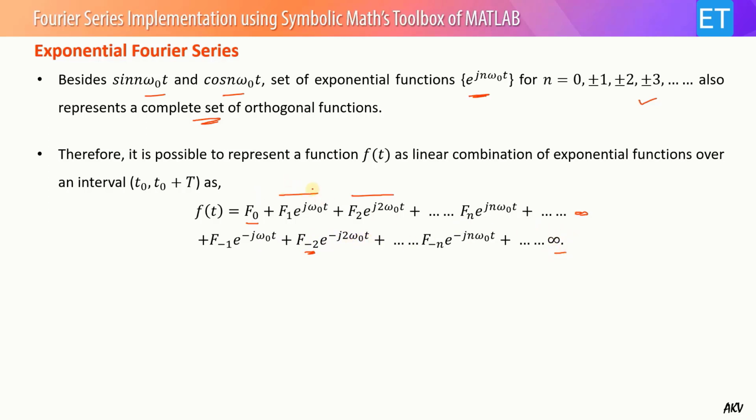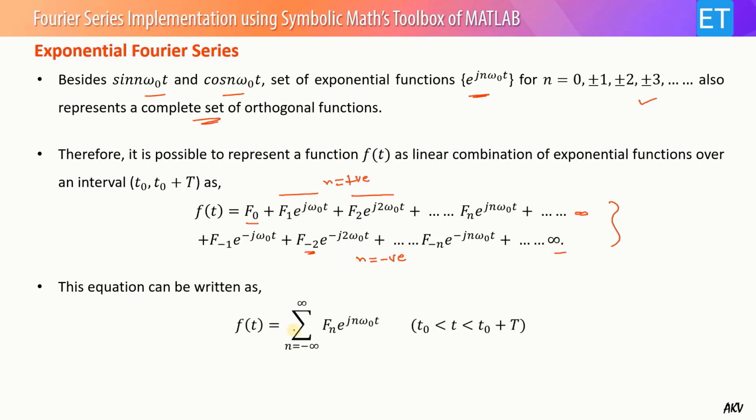In the first row all positive values of n are covered, and in the second row all negative values of n are covered. So if I express this equation mathematically, n varies from minus infinity to plus infinity, and it is fn e power j n omega naught t. That is your exponential Fourier series.